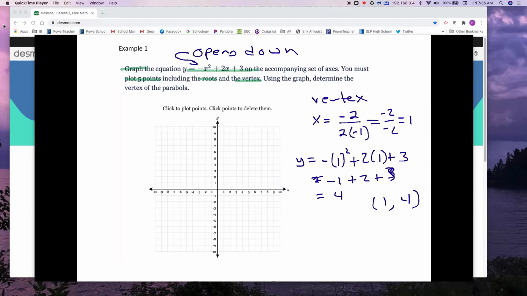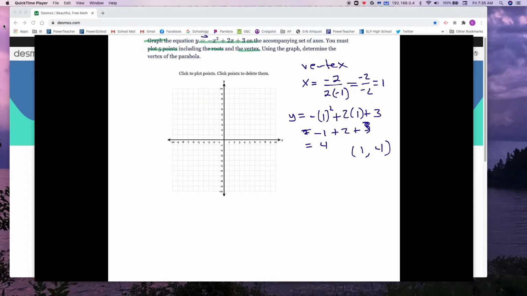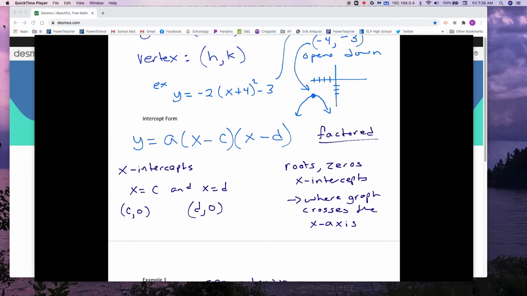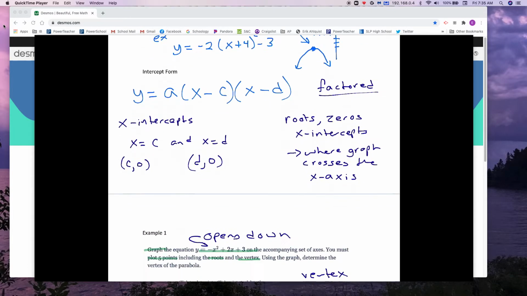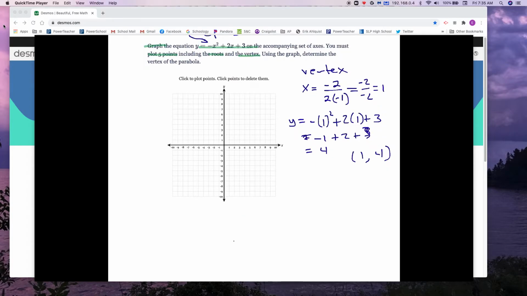So if I factor this, here's what I'm going to do with it. Because I want to pull that a out, if you look at intercept form, that a is extracted out of there. It kind of tells us what we have. So if I have y equals negative x squared, I'm just going to rewrite it down here, plus 2x plus 3.